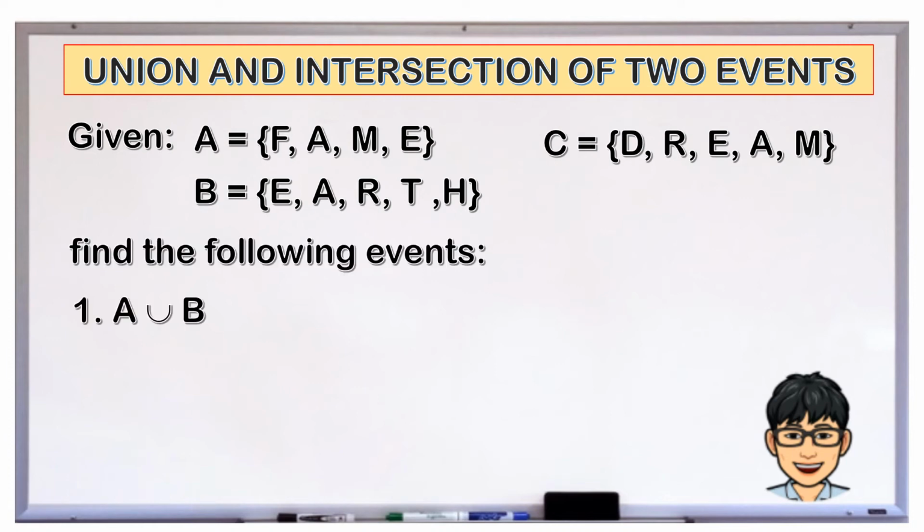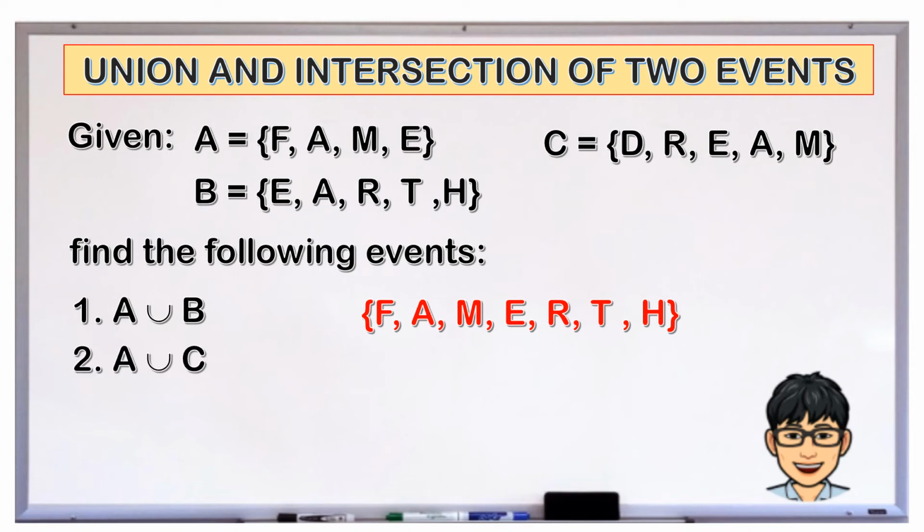Number 1, A union B. So, pag sinabi nating union, ang gagawin lang natin, i-combine lang natin yung elements ng A and B. Tandaan natin, kapag merong parehong elements sa dalawang event, isang beses lang natin to isusulat. Therefore, A union B is equal to FAMERTH.